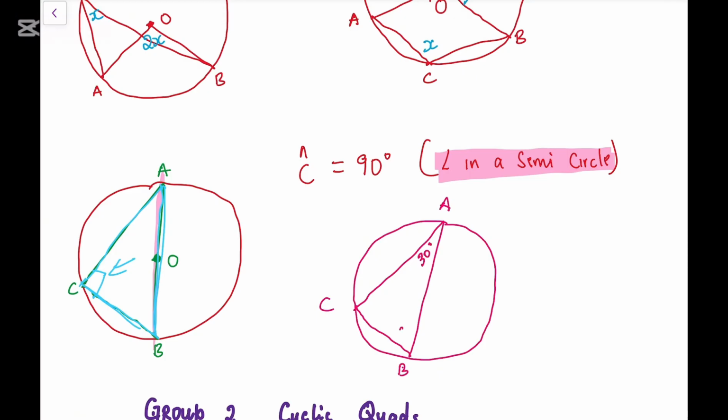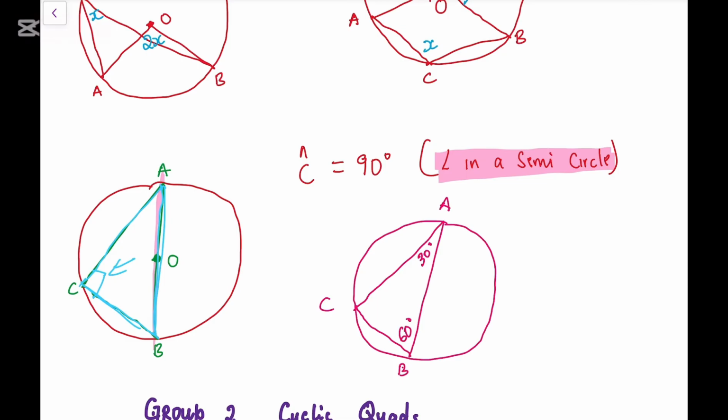And then this one, let's say it is 60 degrees for argument's sake. Now, they will ask you in the exam, is AB a diameter or not? So if they ask you that question, remember the diameter must subtend an angle that is equal to 90 degrees.